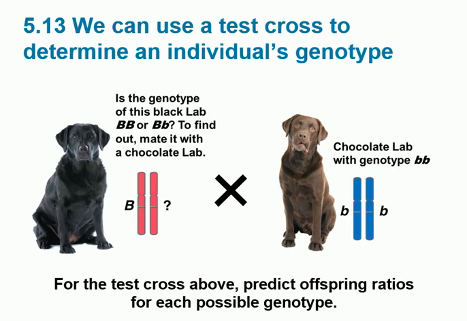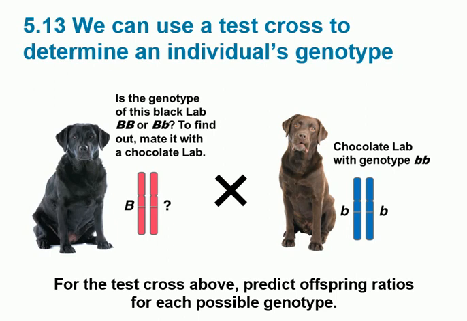Can you use that test cross to determine the genotype? Can you know what kind of genotype, like this? This is black. What are the possibilities here? What do you think this is? It can be either or, the capital or the lower. It can be all uppercase or lowercase, right? Because black is dominant, so we don't know.